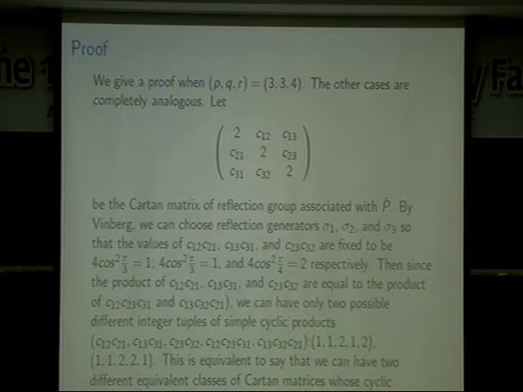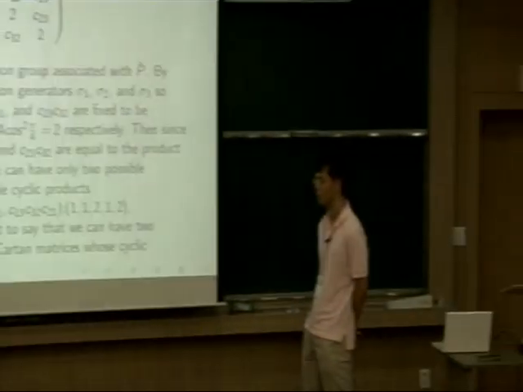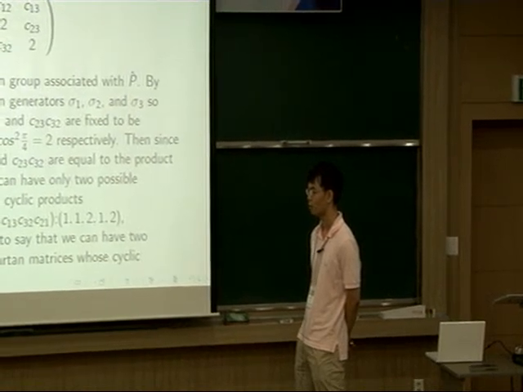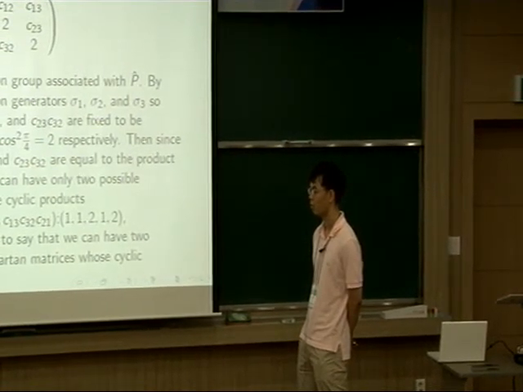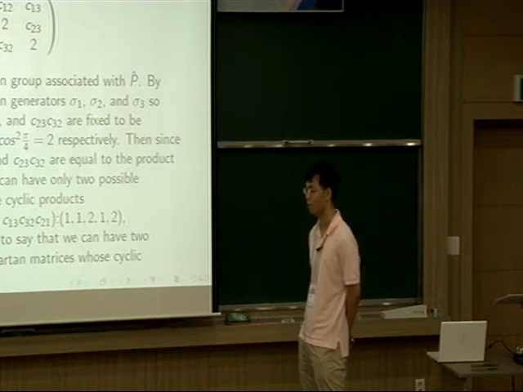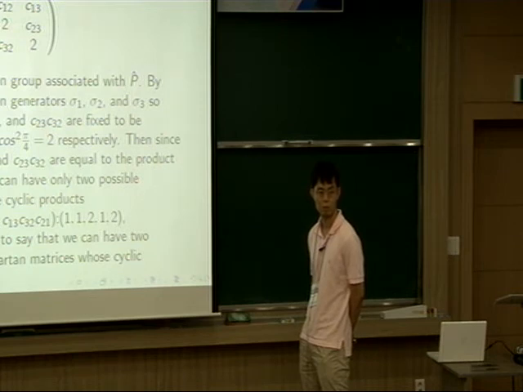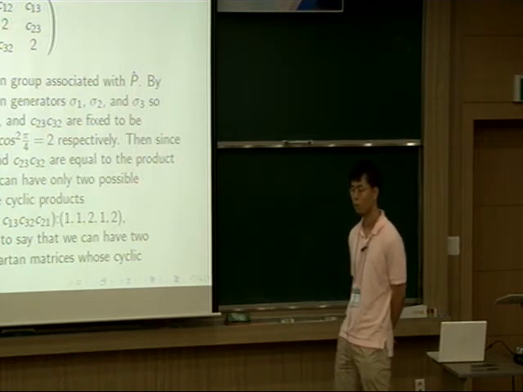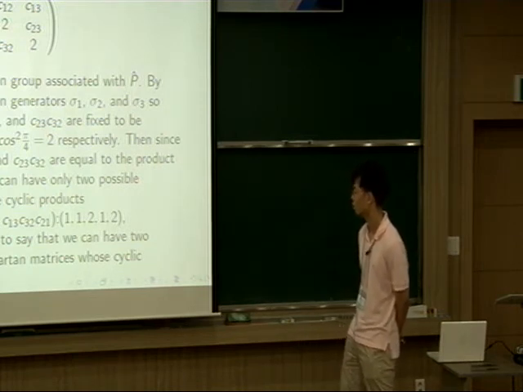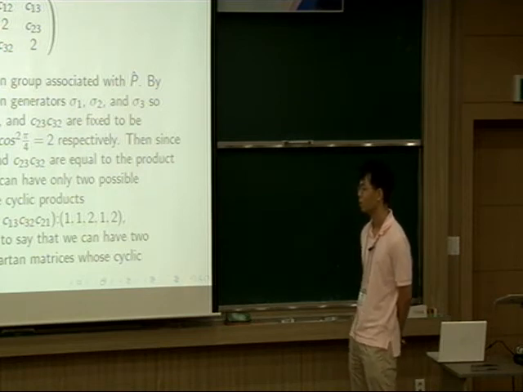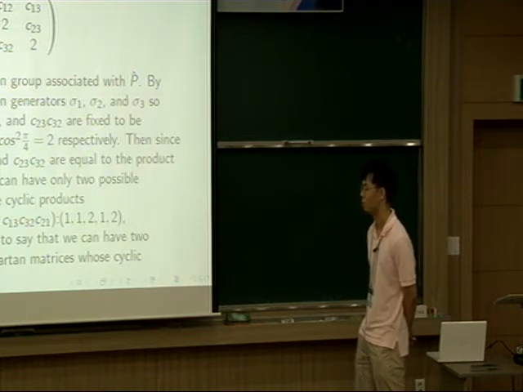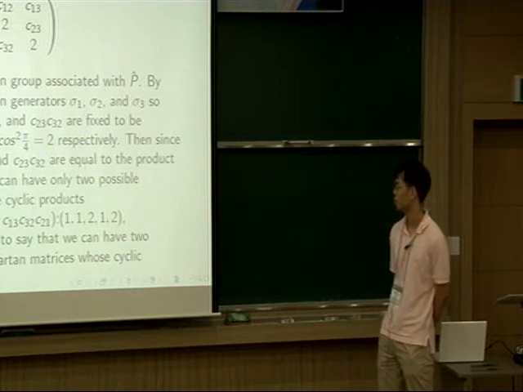We try to find integral representations here, and they're not conjugate as integral representations. But they probably are conjugate in SL3R. No, they are not. They have different cyclic products. If you have different cyclic products, it's not good. Different Cartan matrices, but it's still, oh, I see, they're still a one parameter family. Okay, never mind.